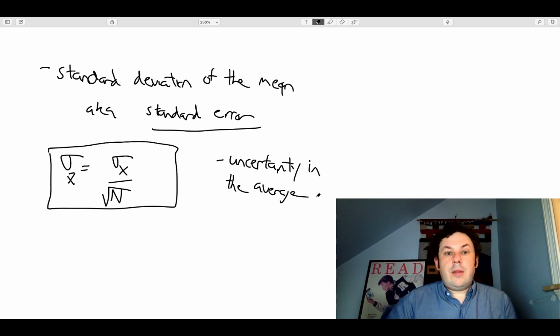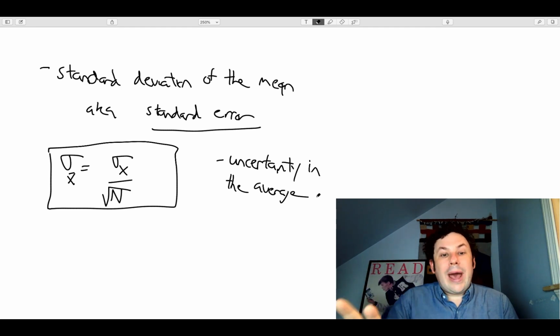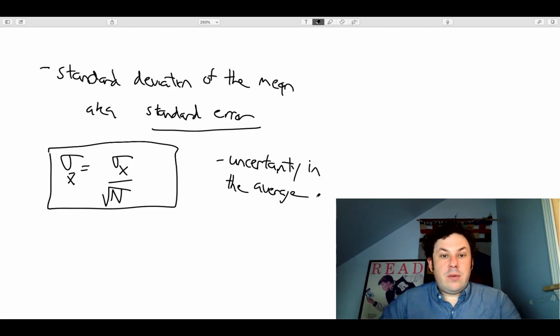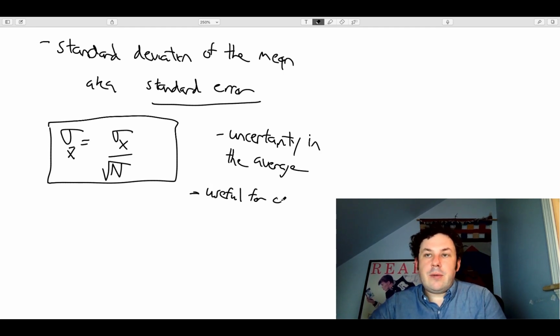So if you took the period of a pendulum 10 times and you found the standard deviation, if you wanted to know what's the uncertainty on an individual measurement if you did it again, that would be the standard deviation. But if you wanted to know how well do I know the average value, you would use the standard deviation of the mean. This is also useful for comparing averages.